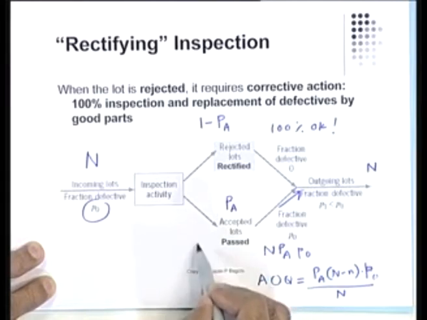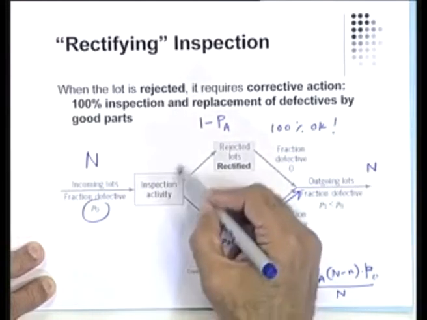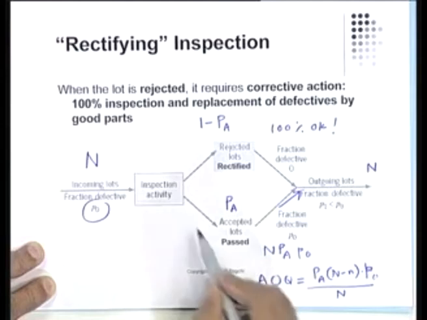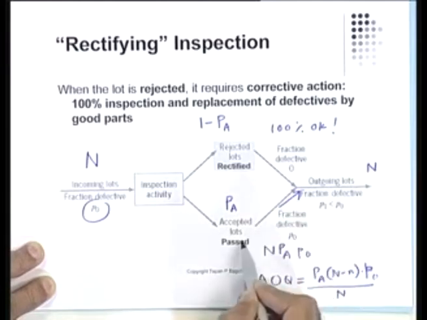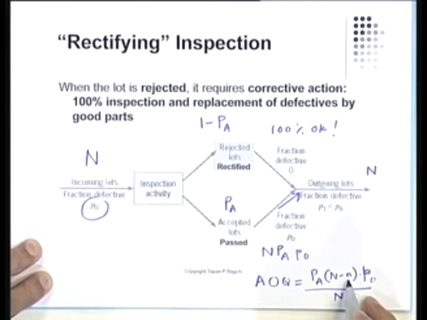Now the ones that have been accepted, those have not been rectified. On this stream, I've removed all the defective items. But on this side, I did my sampling and I accepted them. Now, if there are any defectives in the little n samples, I removed those defective items, and therefore those n times P0 quantities have been removed.